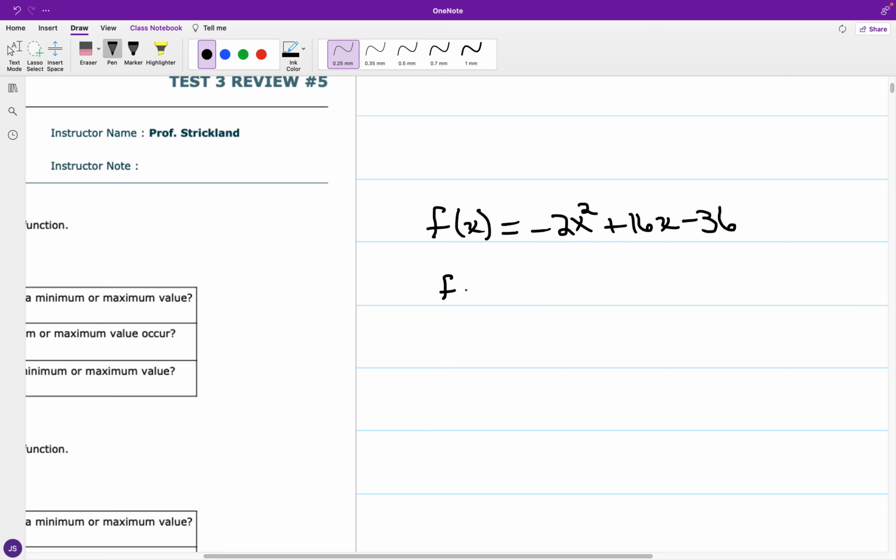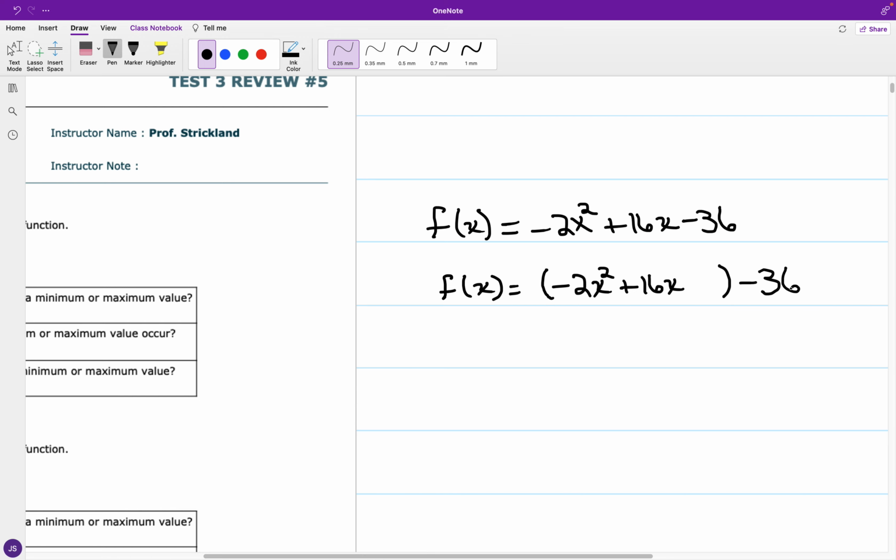So we have f of x, and putting in parentheses negative 2x squared plus 16x, followed by negative 36.